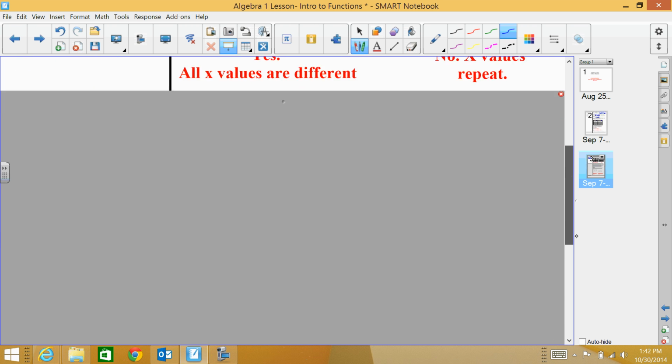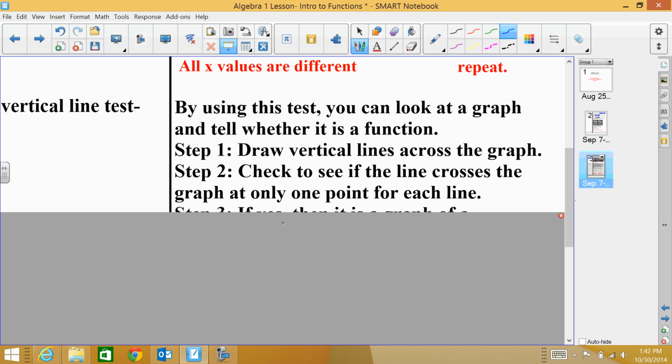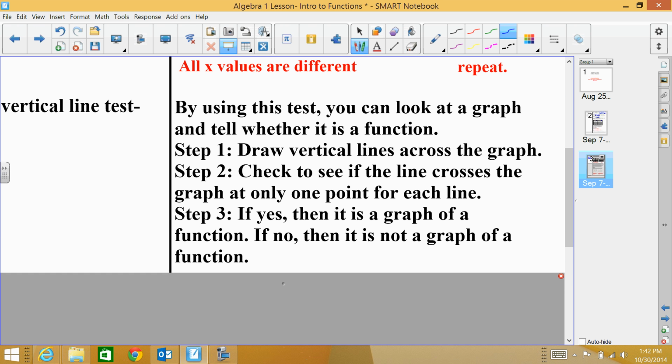All right, another way that we can look at functions is by looking at graphs. So here are the steps for how to tell if a graph, just looking at the graph of something, is a function. This is called the vertical line test. By using this test, you can tell if a graph represents a function or not.